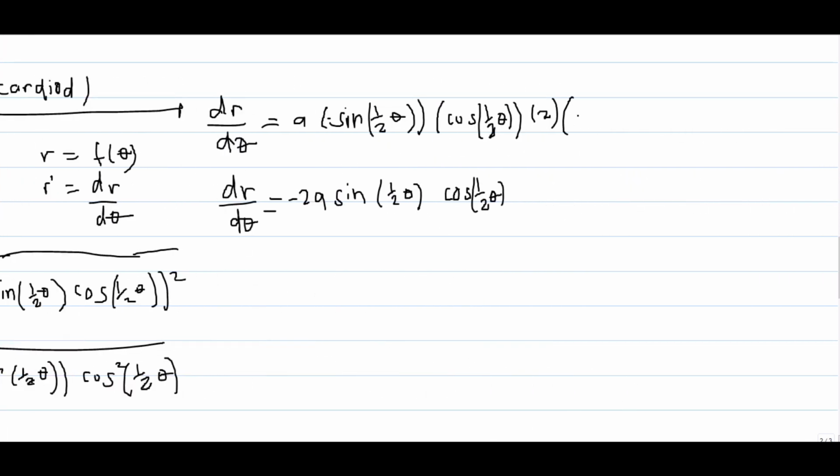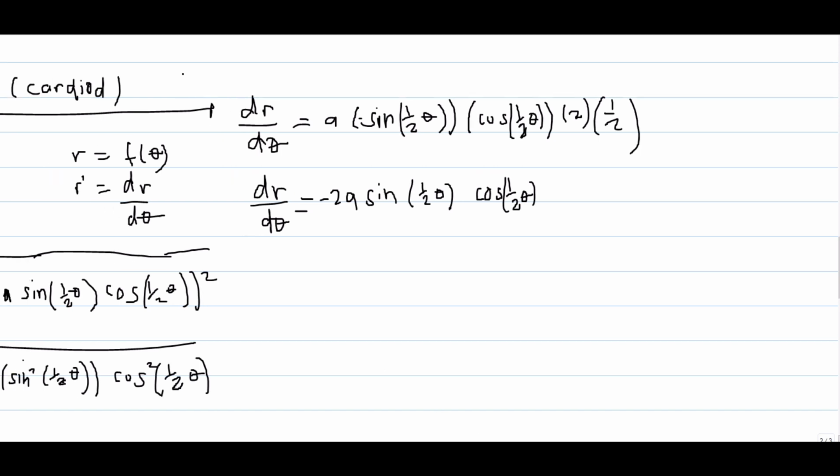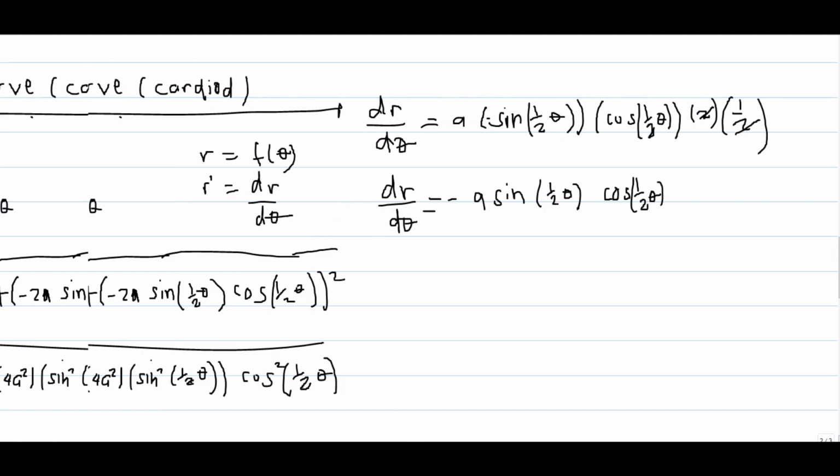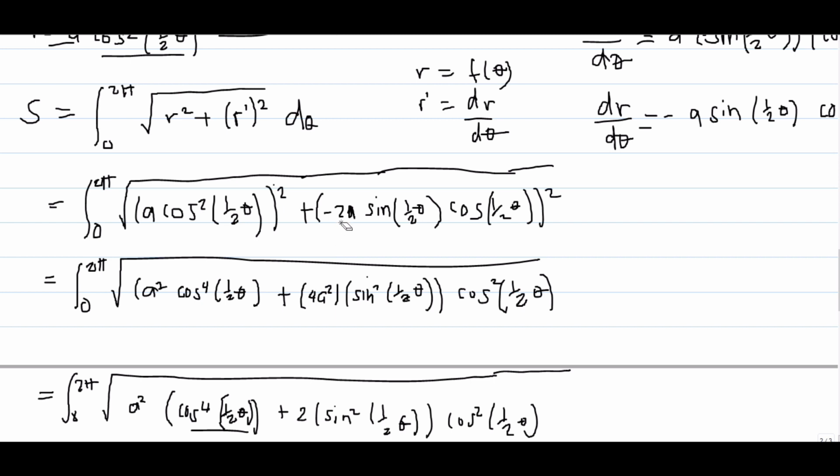So therefore we can now multiply by 1/2 here. Okay, so since we multiply 1/2, this would cancel out, then there would be no more 2 here.